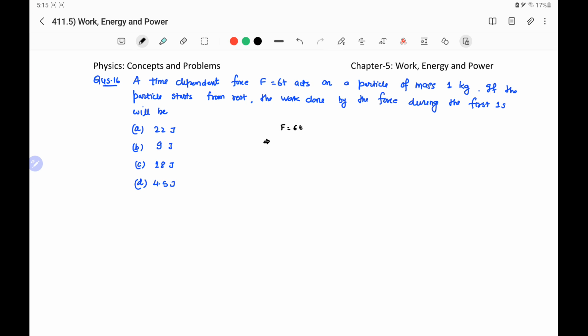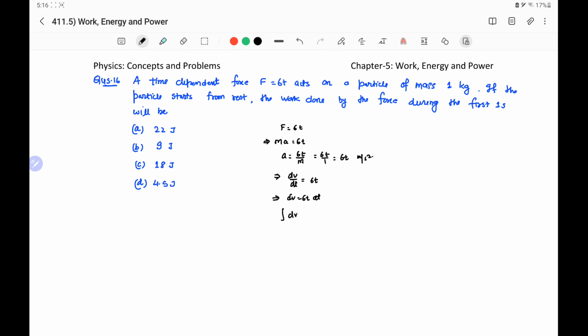So this implies that mass into acceleration will be equal to 6t, and acceleration will be equal to 6t by m, and m is given 1 kilogram, so it will be 6t by 1, that is equal to 6t meter per second square. Acceleration can be defined as the rate of change of velocity, so it is dv by dt equal to 6t. This implies that dv will be equal to 6t dt.